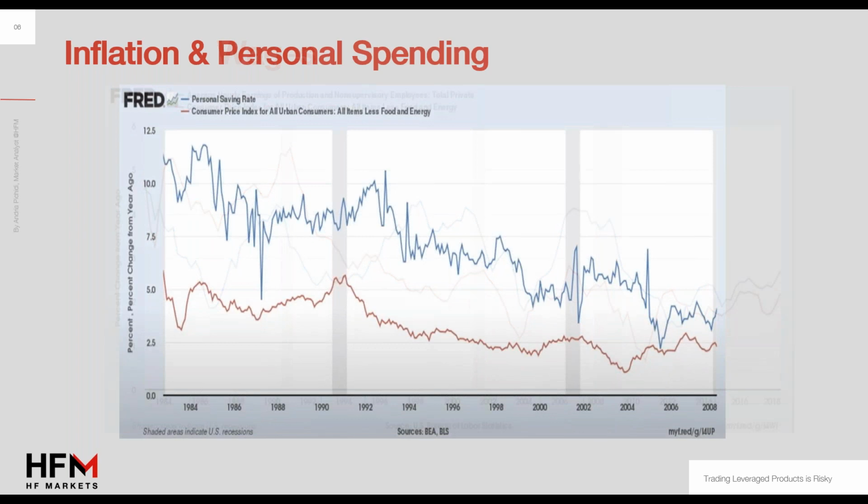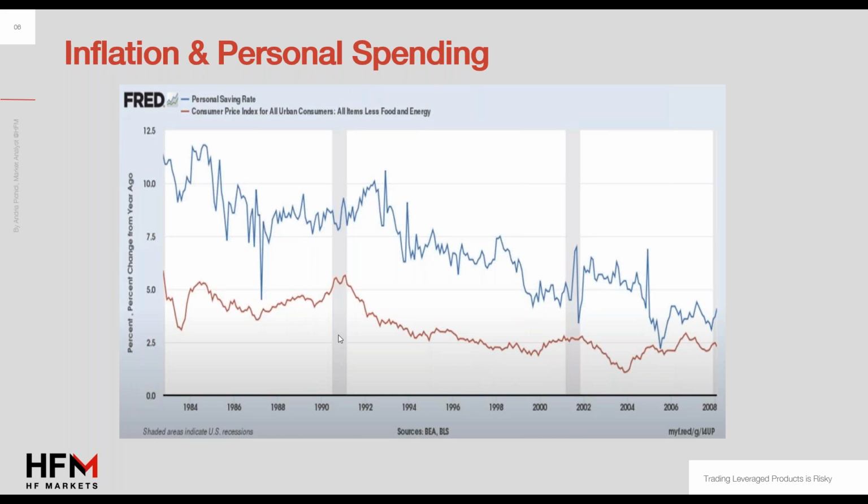And on the previous slide, I have the personal savings in correlation with the inflation once again. As you can see, it's the diagram of around 20 years.